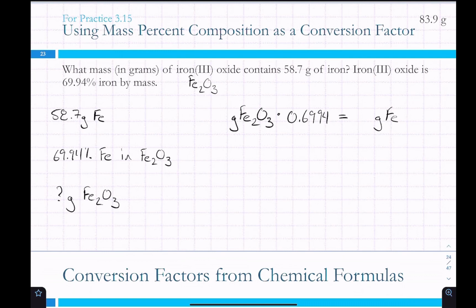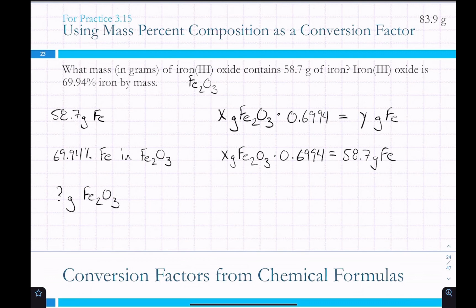So if we treat these like variables, and we say that this is X grams of iron oxide and Y grams of iron, right, so we know what Y is, 58.7. So X grams of iron oxide, I'll do this in steps, 58.7 grams of iron.